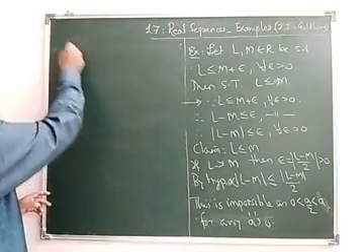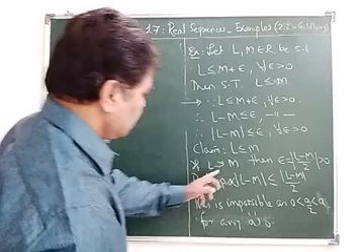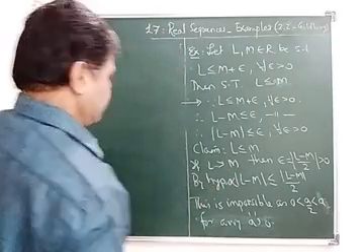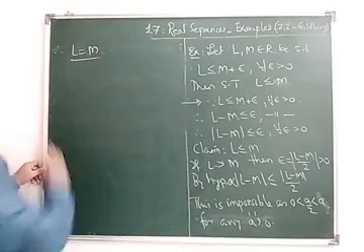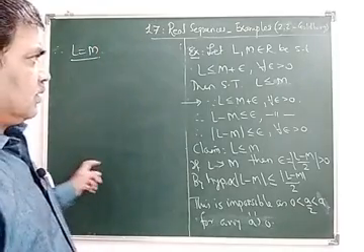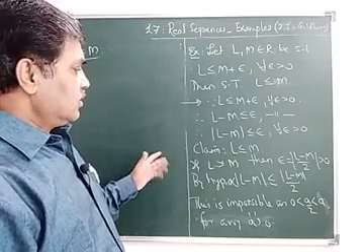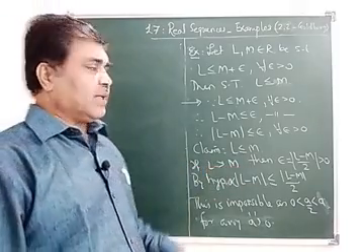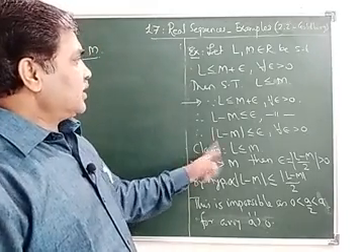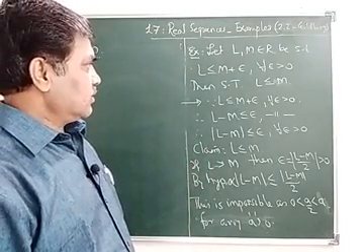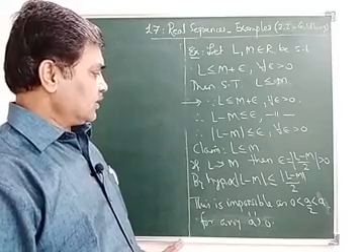And therefore L must be equal to M. Is it clear? So if I assume that L is greater than M, then we are getting a contradiction.